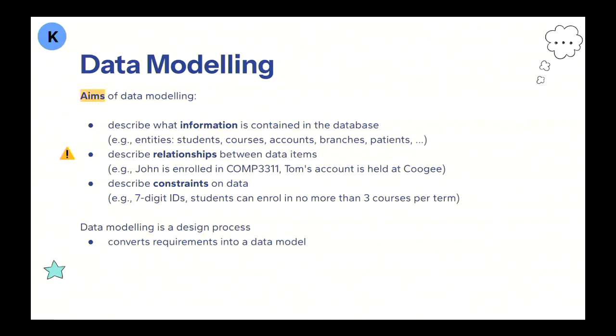For example, you need to define different types of entities. For example, we can have a database storing all the students. We can have a database storing all the courses, accounts, branches, patients, whatever. All the entities and their attributes should be described in the data model.